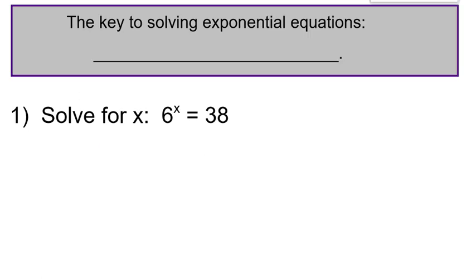So the key to solving exponential equations, well, what's the inverse of exponents? It is logarithms. So logarithms are the key to solving exponential equations. So here's an example. Solve for x. 6 to the x equals 38. What we can do to undo the exponential part, 6 to the x, is use a logarithm.